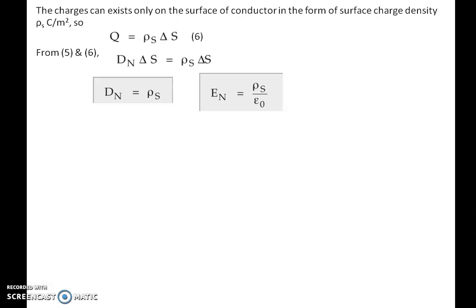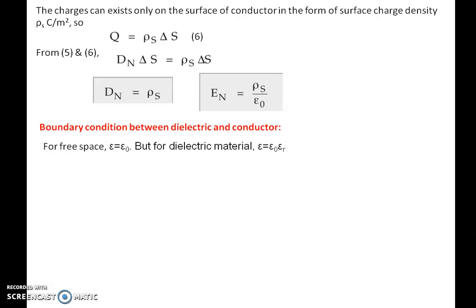Now instead of free space, if I have a dielectric material: in free space the permittivity is epsilon equal to epsilon naught. But when there is a dielectric, the permittivity changes from epsilon naught to epsilon naught into epsilon r. So for a dielectric material, epsilon is equal to epsilon naught into epsilon r, the absolute permittivity into the relative permittivity. For free space, it is epsilon naught.